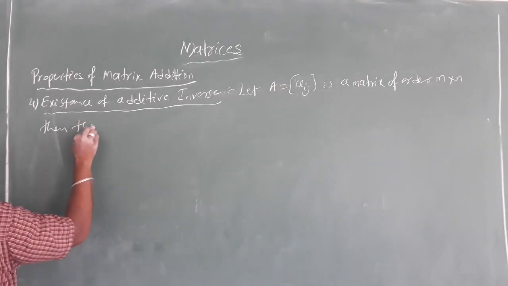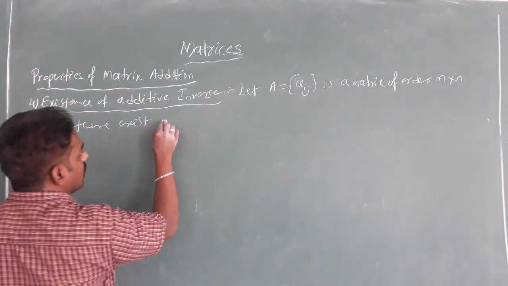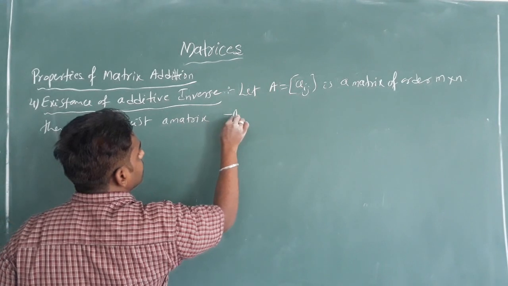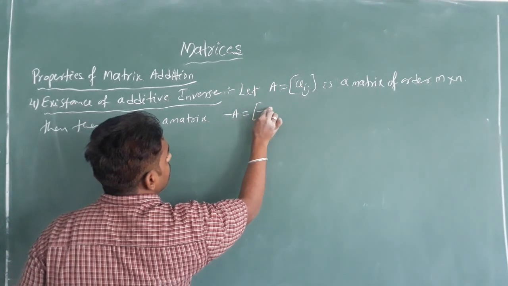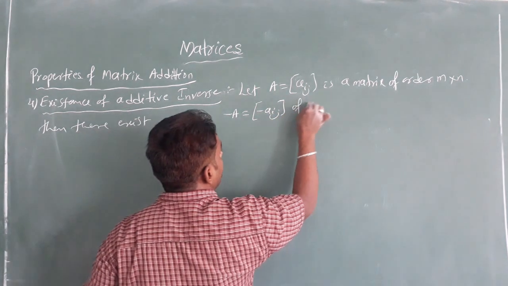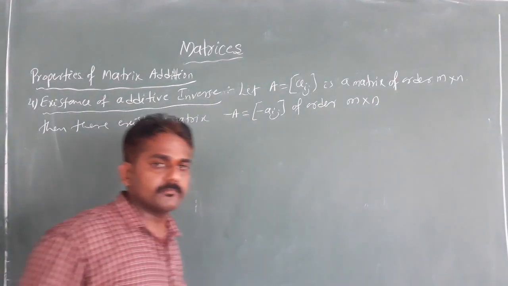Then there exists a matrix minus A, that is minus of Aij, of order m by n.